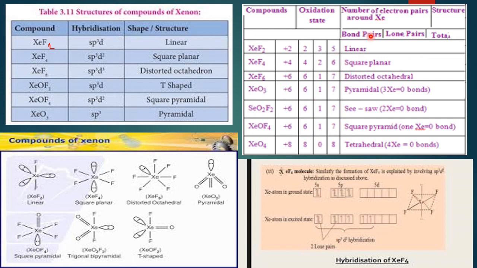Likewise, how many bond pairs, how many lone pairs, and the total are given. Then its shape: linear, square planar, distorted octahedral, pyramidal, and all the shapes are given. The shape diagrams are here: in the linear shape, xenon has up and down 2 bonds to F and F, and these 3 are lone pairs of electrons. This one is square planar, with lone pairs up and down. Likewise all the structures are explained, you can go through it clearly.